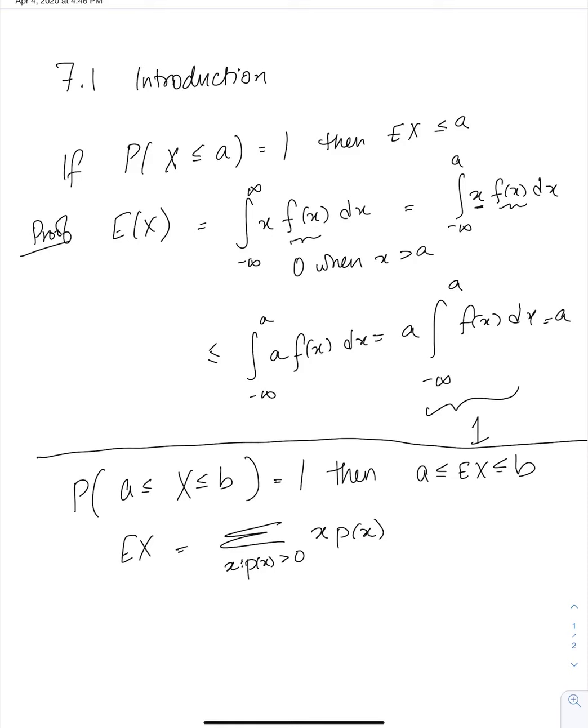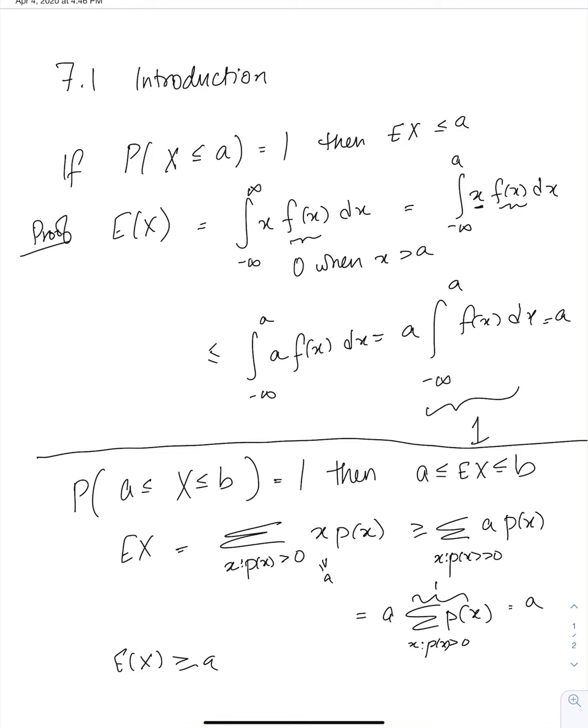So let's just write it down in this situation. This is bigger than or equal to a times p of x. Now factor out the a and you have the summation of p of x, and you know this is 1. So this is a.